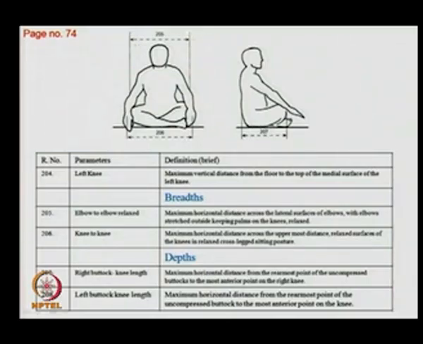These are the breadths. Now, depths. What is the depth? If we sit this way, it is from the right buttock position to the right knee, and then the left buttock to the left knee, this measurement.